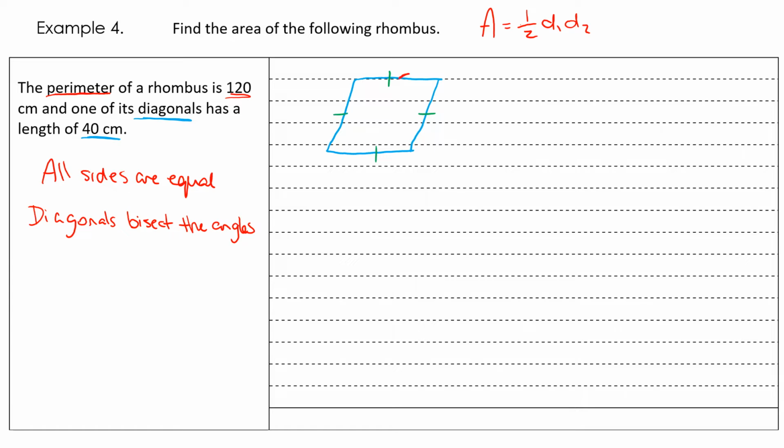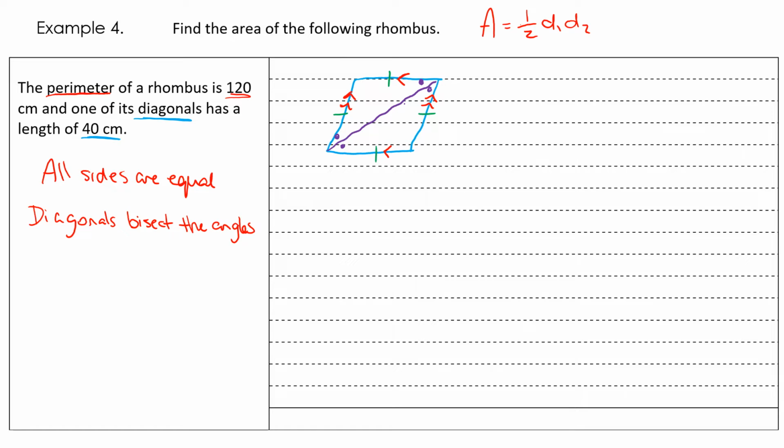So let's add our parallel. Our diagonals, so we'll draw a diagonal here. Diagonals bisect our corners. So here and here, they are equal. So that is equal to that.